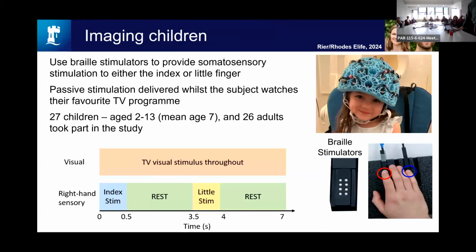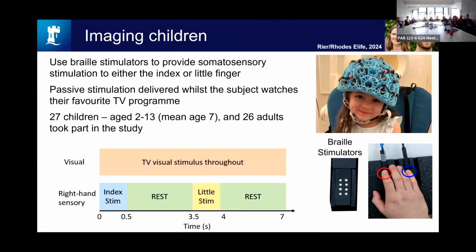So I'll finish with just a few minutes on imaging children. I said from the start that one of the big advantages of OPMs is that we can get them closer to the head. People can move around, and that's ideal for imaging kids. So we've just completed a study.